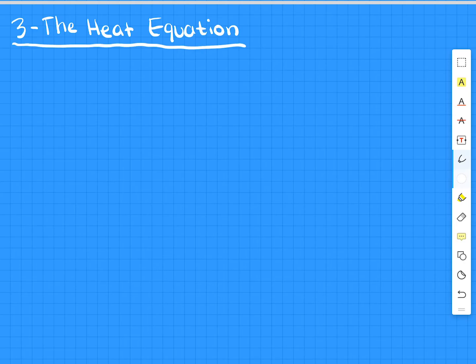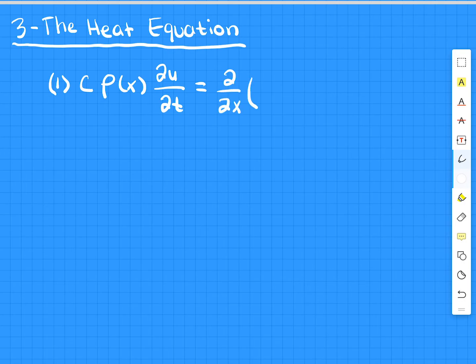So, before I even begin, let's define the heat equation. It's going to be defined as C times rho as a function of x, partial u over partial t, equals partial x of k naught times partial u over partial x, plus q of x, t.